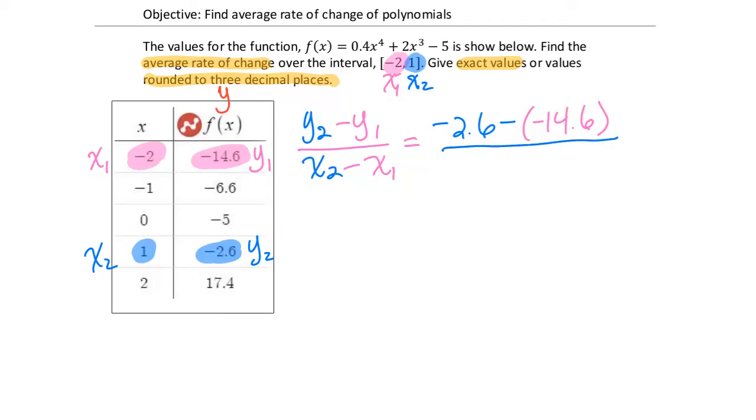Sorry, x2. 1 minus x1 is negative 2. So put it in parentheses because you're subtracting a negative. And then you got to do keep, change, change. So keep this negative. Change this to positive. Change this to positive. Okay? So keep, change, change.